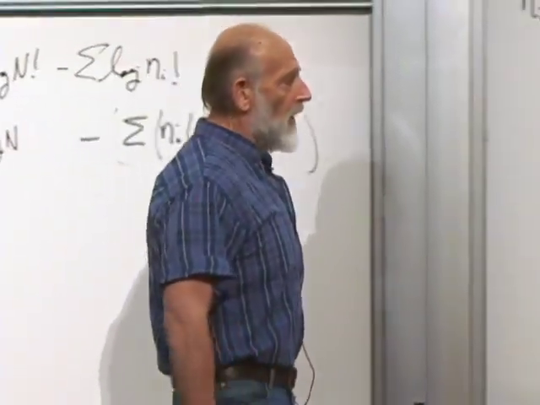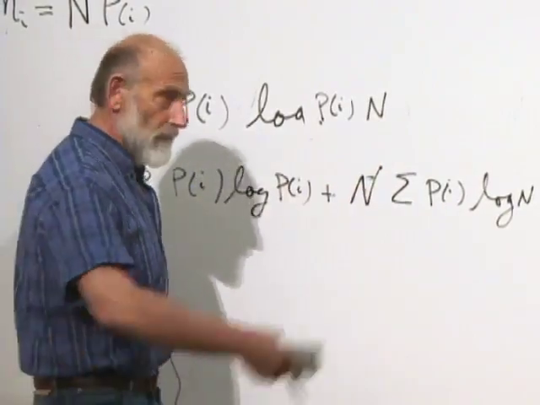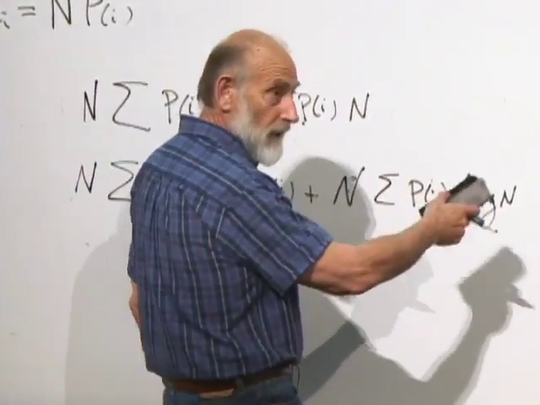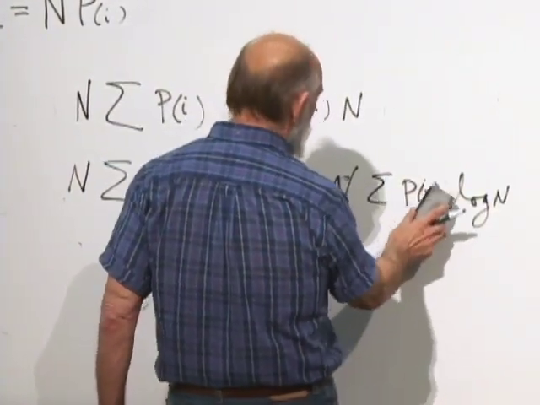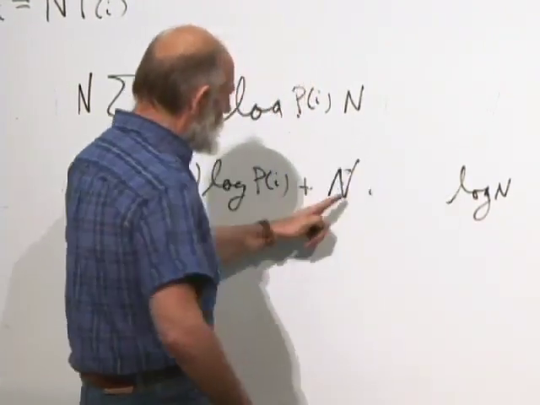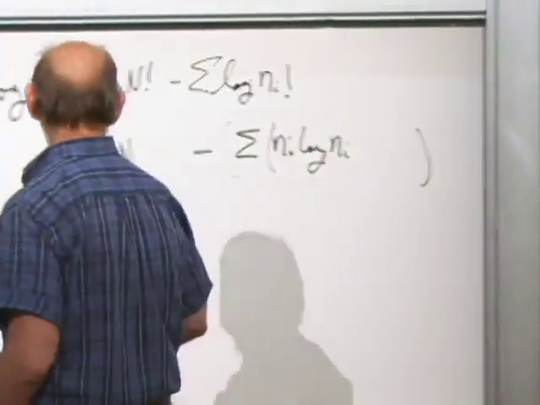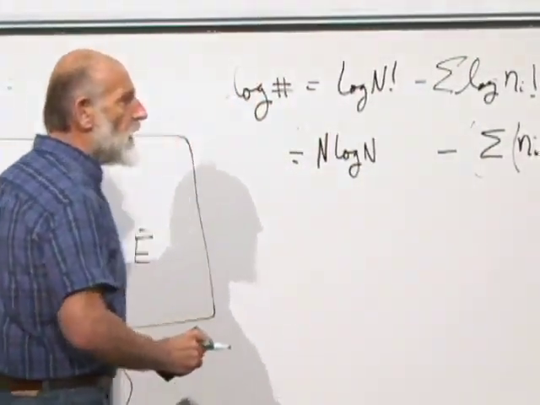Now what's the sum of p sub i? One, which is pretty much what you would have done if you had done it the way you said. So this just goes away, and this gives us n log n. It comes in with a minus sign, and so it cancels this n log n over here.